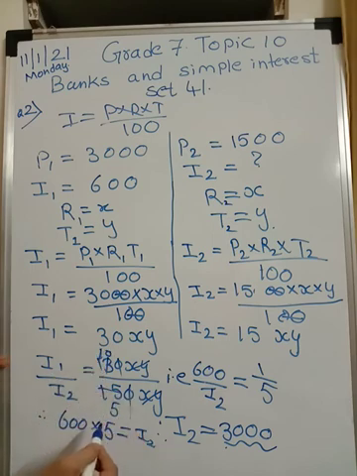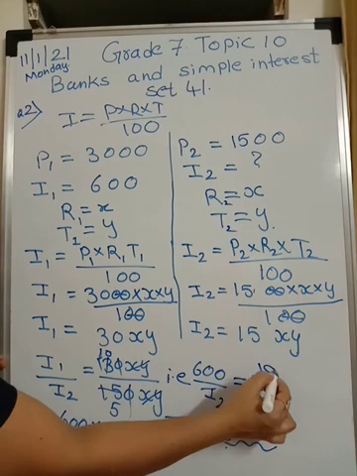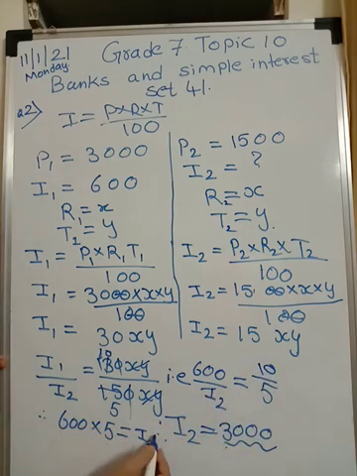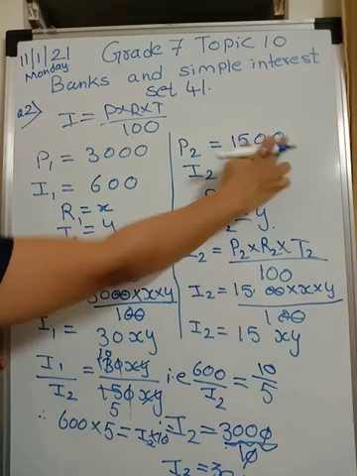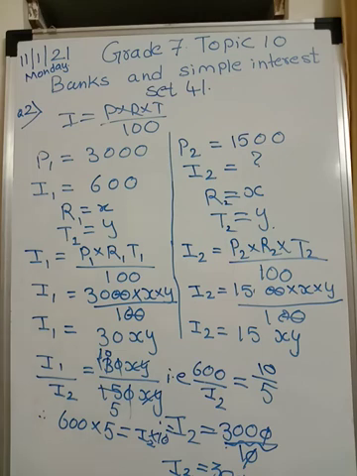Alright. Yes, so it will be 10 over here. I2 into 10 and therefore it will be 3,000 upon 10, which comes out to be I2 equal to 300 rupees. Please do this correction students. It was not 15,000, it was 1500 in your textbook.